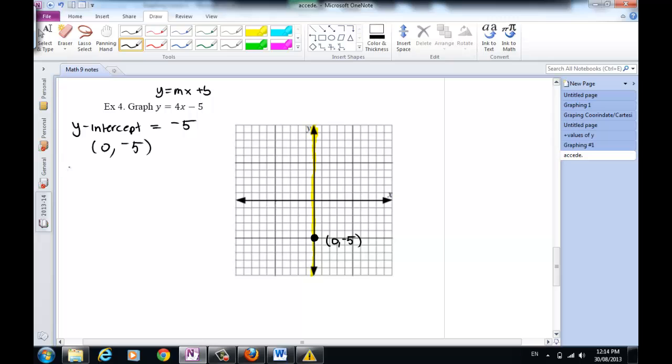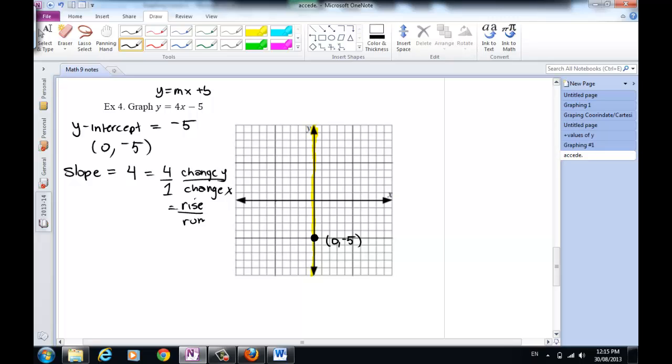Now, I can use my slope to actually find the next point. So our slope here is equal to 4. Okay, we can rewrite this as 4 over 1, right? Because anything divided by 1 is itself. So using that, though, we have the change in y over the change in x, which is also just rise over run.